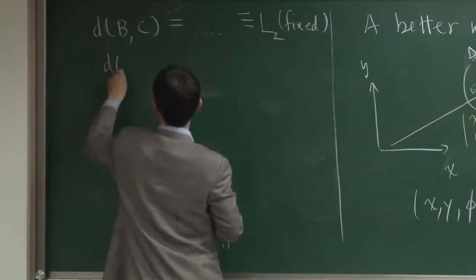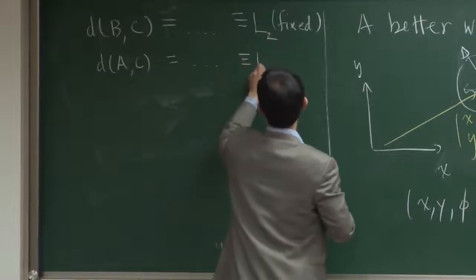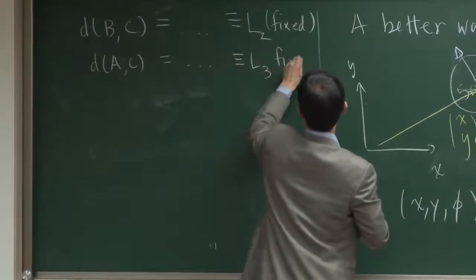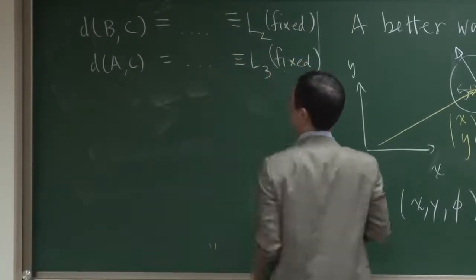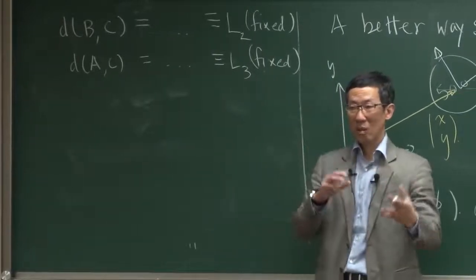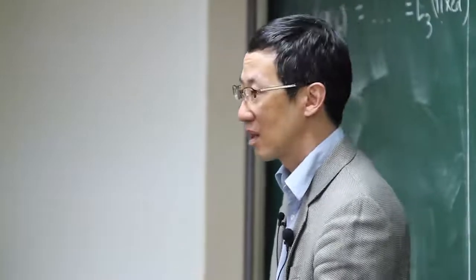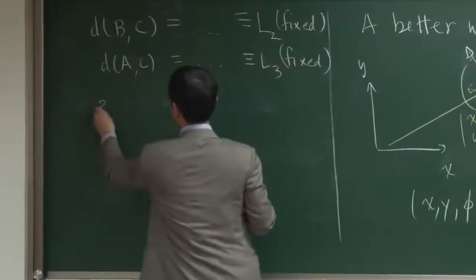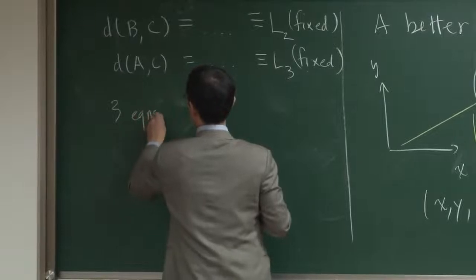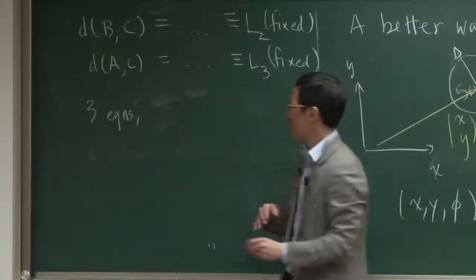And finally, the distance between A and C also is some fixed L3. All right, so let's go back to that counting game: number of equations, number of unknowns. We have 3 equations. How many unknowns? 9 unknowns.